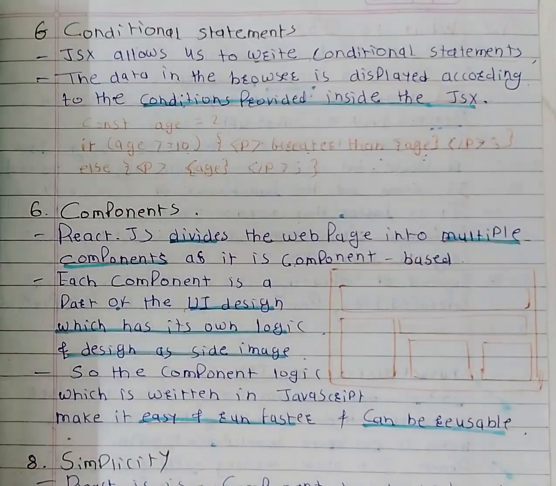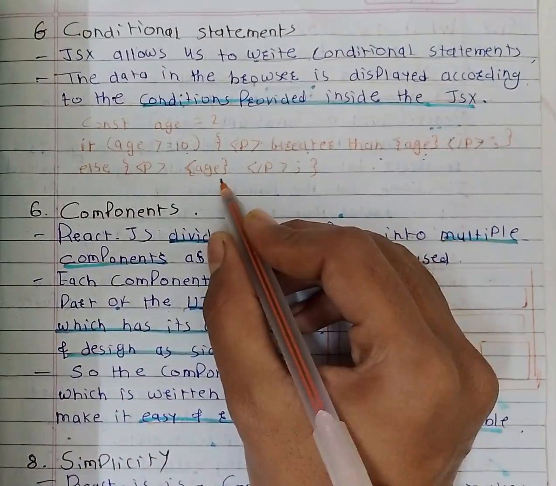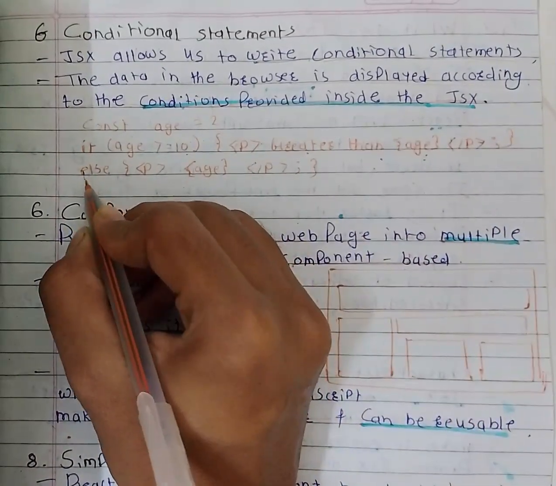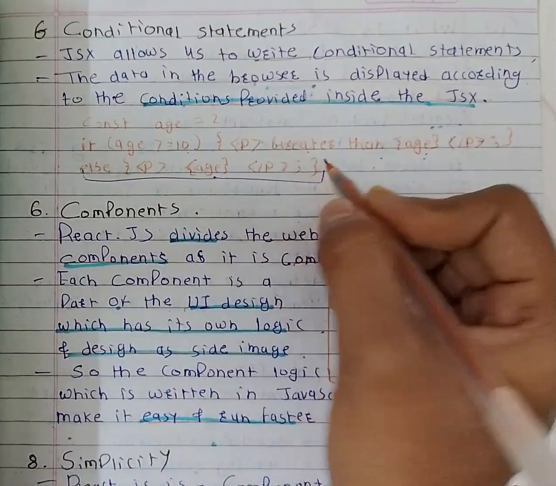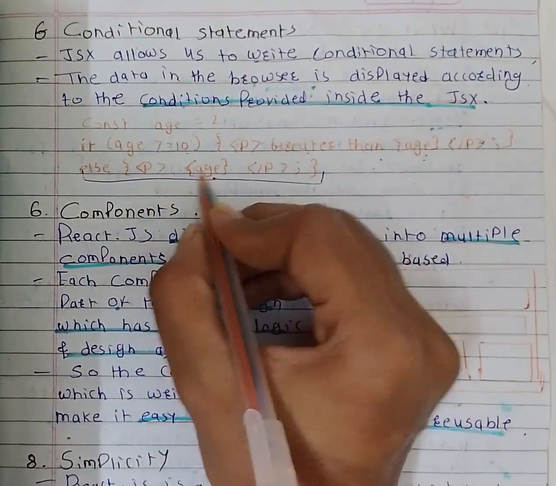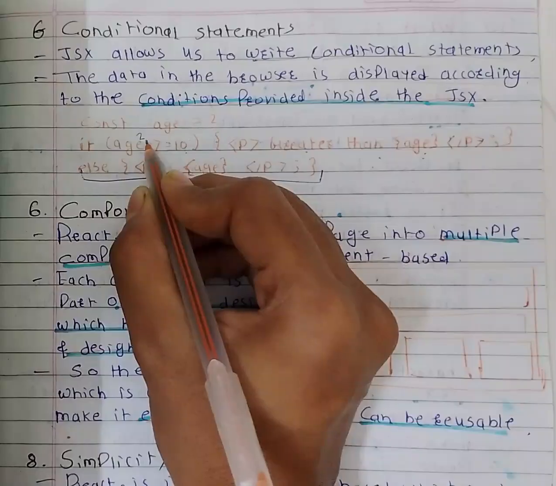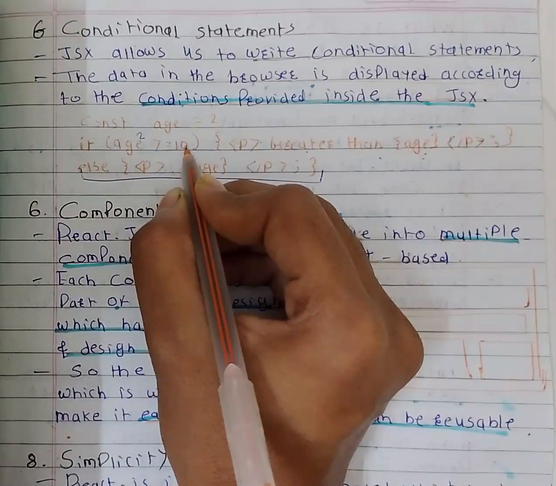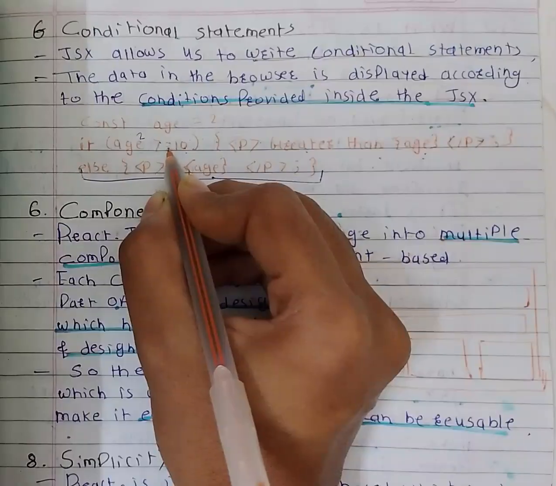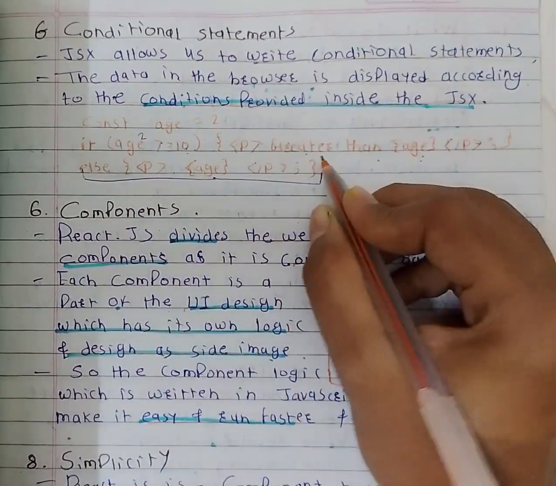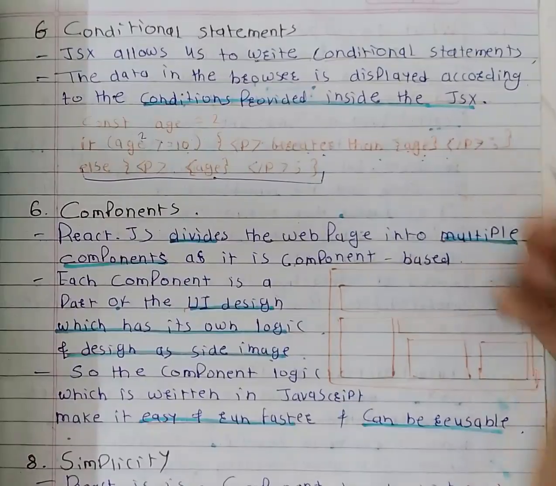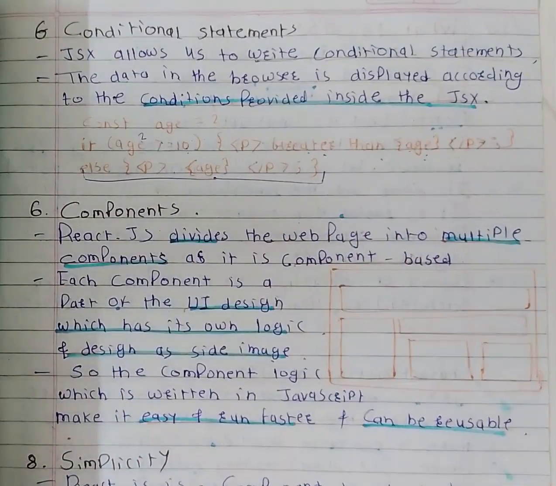So only the else part will execute, because here age is 2, and 2 is not greater than or equal to 10. This condition is false, so the if part will not get executed, and it will execute the else part.